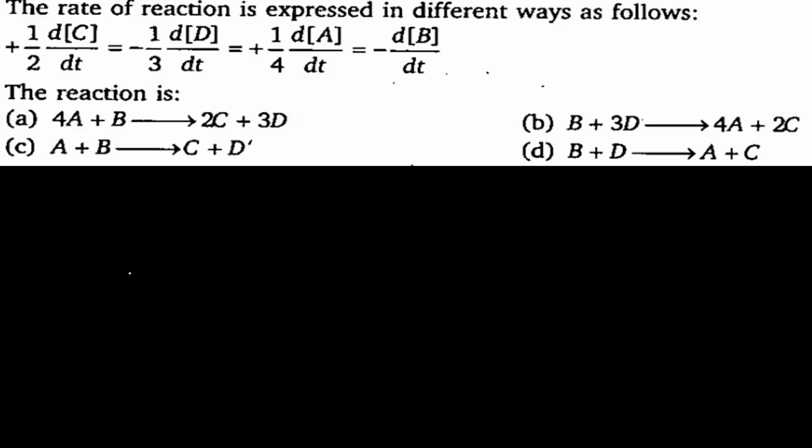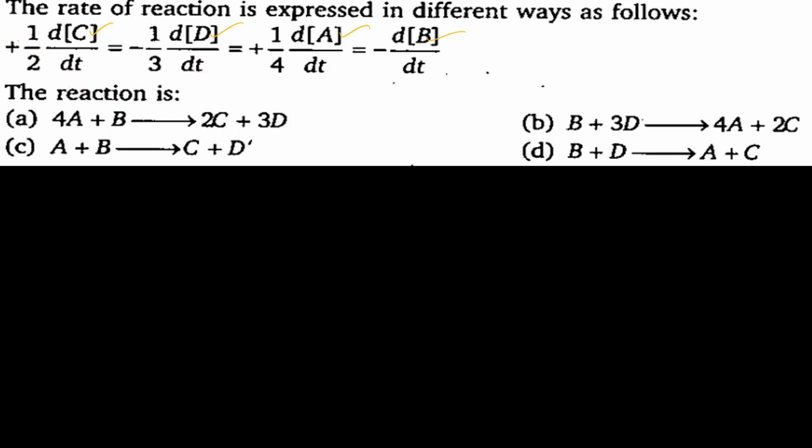So our next problem is the rate of reaction is expressed in different ways as follows. Plus 1 by 2 dC upon dt is equal to minus 1 by 3 dD upon dt is equal to plus 1 by 4 dA upon dt is equal to minus dB by dt. The reaction is, so by seeing the rate expression, we can tell that C and A are our products and B and D are our reactants.